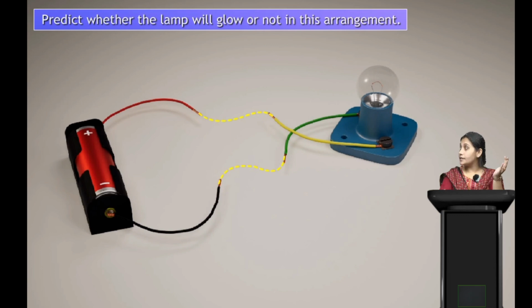See, now we will predict in this arrangement whether the bulb glows or not. In this arrangement what have we seen? We see that we have crossed the wires of the lamp and connected the crossed wires of the lamp to the two wires of the electric cell.